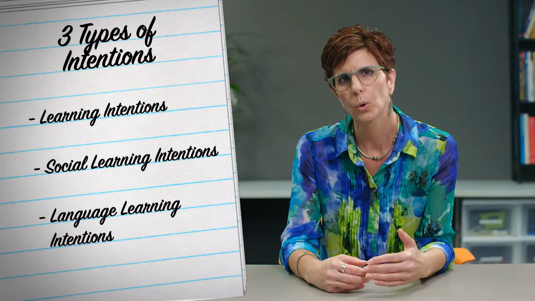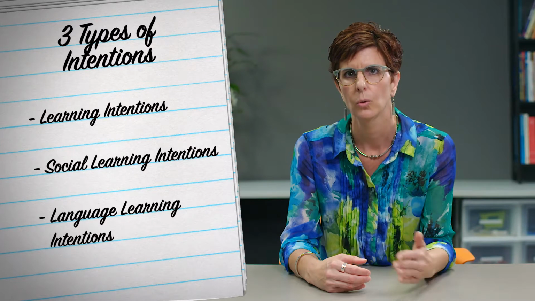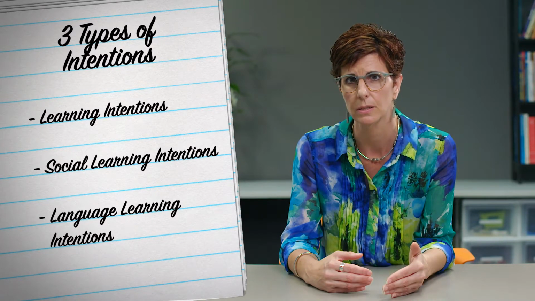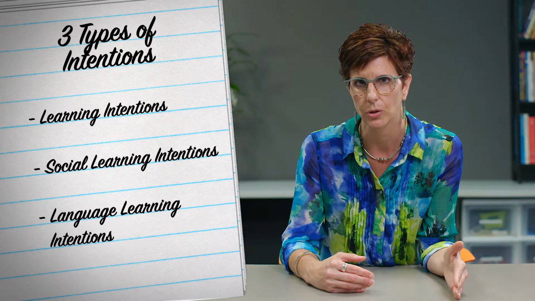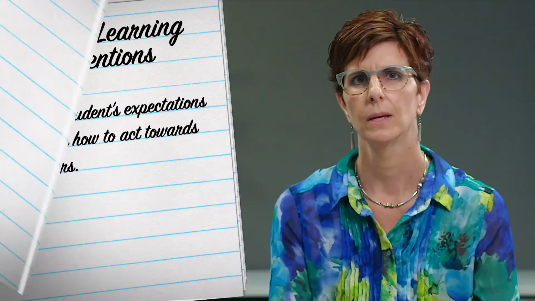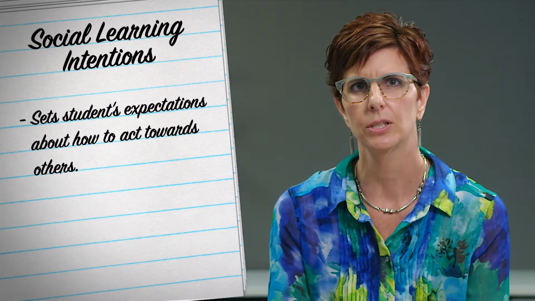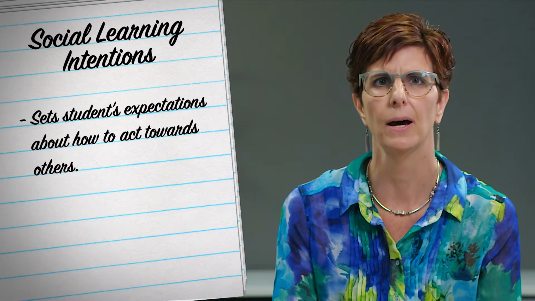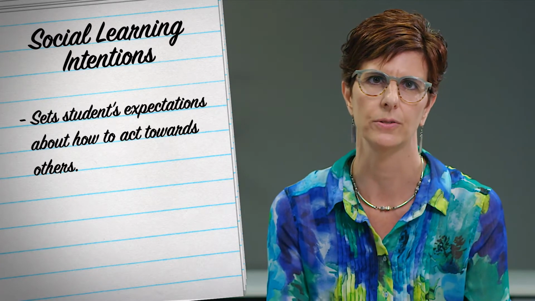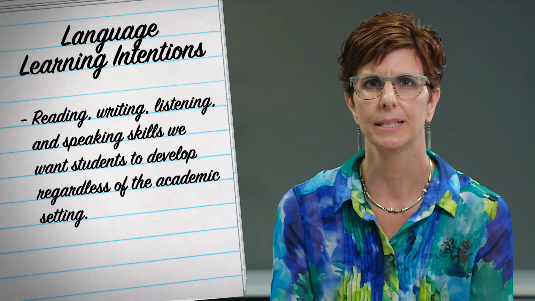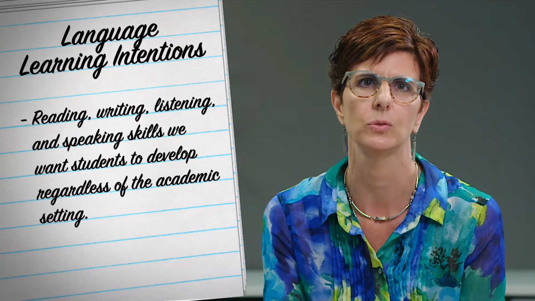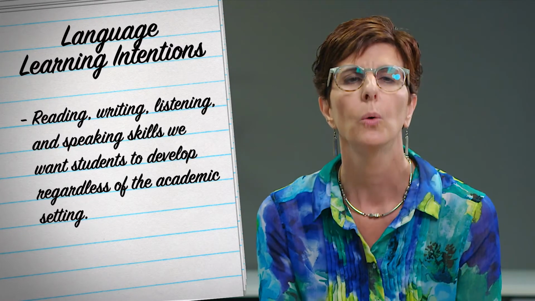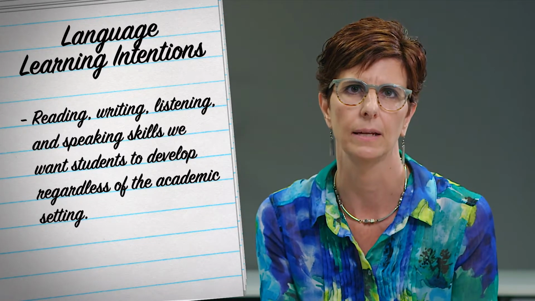There are 3 total types of intentions. We just covered learning intentions, but there's also social learning intentions and language learning intentions. Social learning intentions set student expectations about how to act towards others. Language learning intentions focus on reading, writing, listening, and speaking skills we want students to develop regardless of the academic setting.